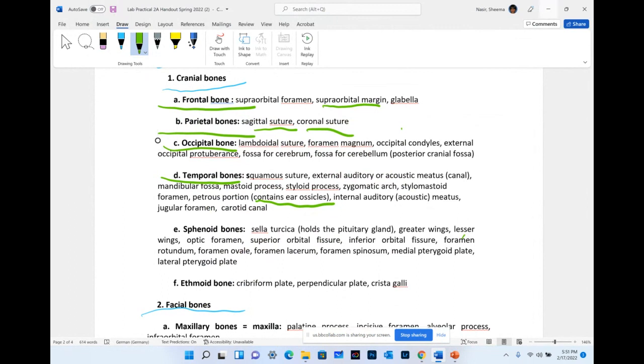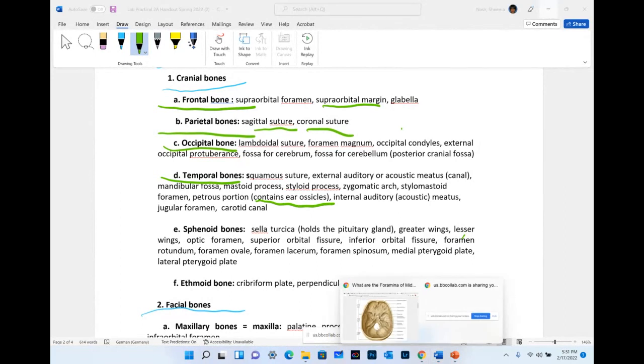And I covered all of that. So that is all for your lab for 4 bones of the skull.